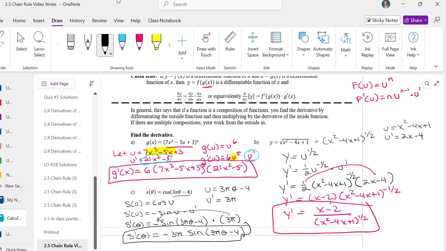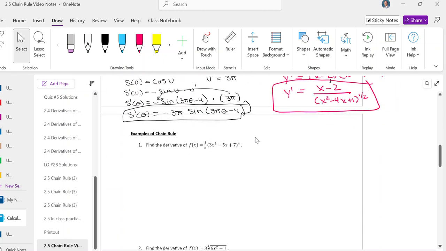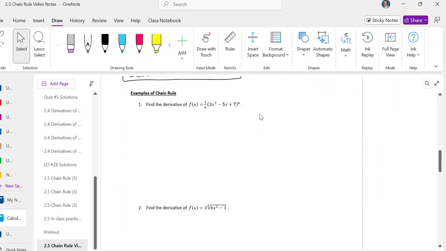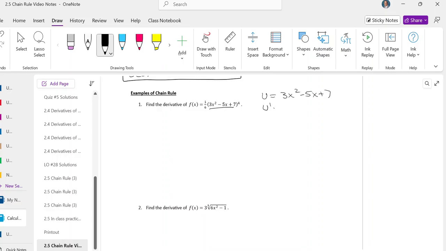All right, so let's do some more complex examples. Actually, here's some examples of the chain rule, and then we'll get to some complex ones where you do chain rule and quotient or product rule in one problem. So first here, this is going to be your u, what's in the parentheses, so 3x squared minus 5x plus 7. u prime is 6x minus 5.